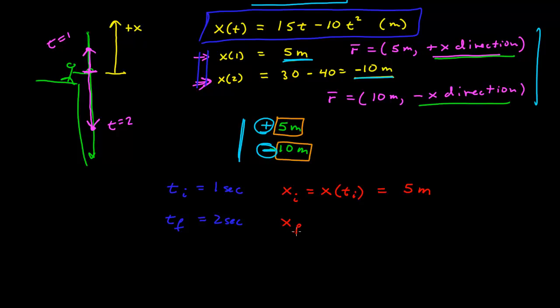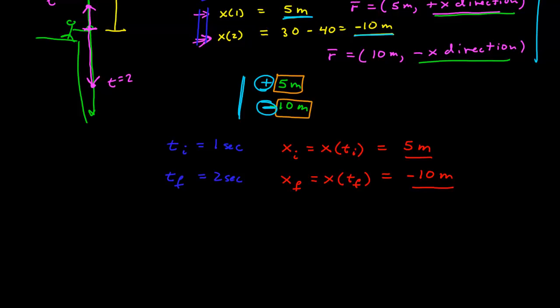So I might also be interested in what I call the final position, which is equal to the position function evaluated at the final time, which in this case at 2 seconds was equal to negative 10 meters, which is again a vector as we described before.